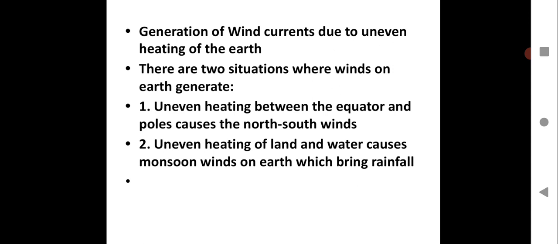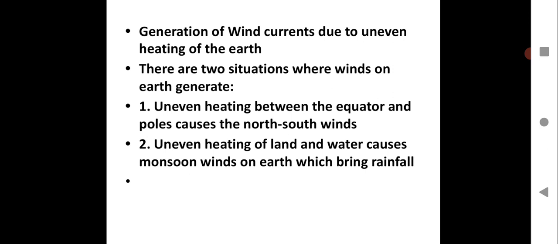Next, uneven heating of land and water. Also on land, at the same place, when you have land and water, that means you have an ocean or a sea, land and water will play a very important role in causing convection in air. So uneven heating of land and water causes monsoon winds on earth which bring rainfall. Because of the difference in the pressure on land and water, and due to the convection of the air, that is the movement of the wind, monsoon winds are caused.